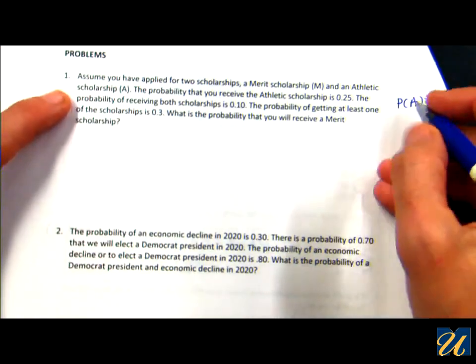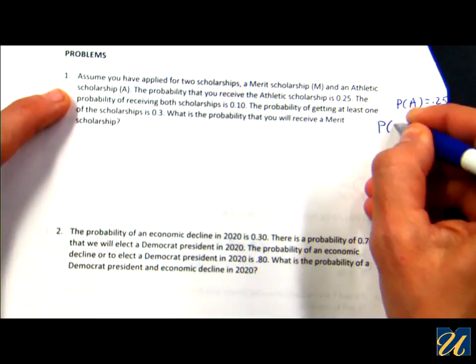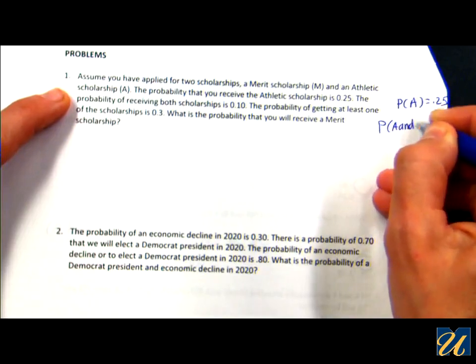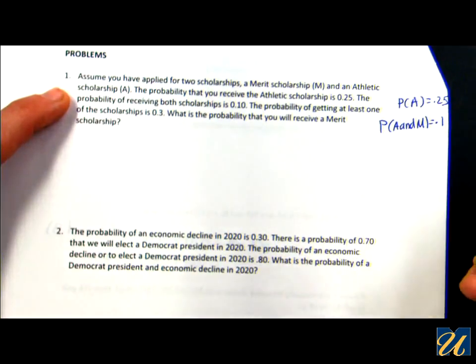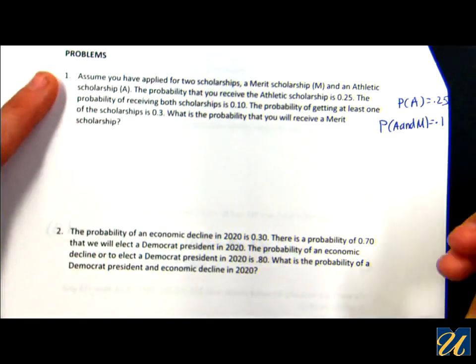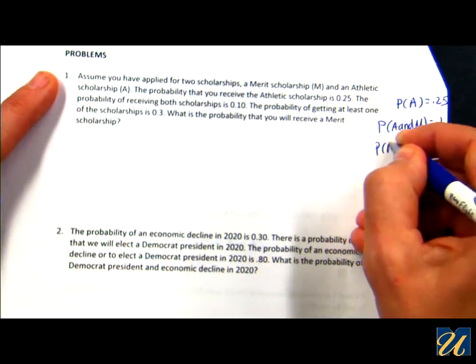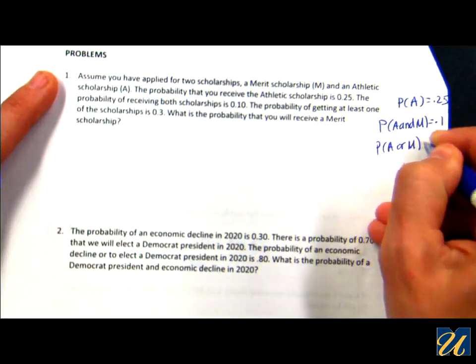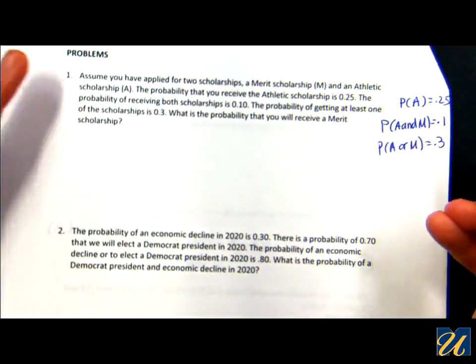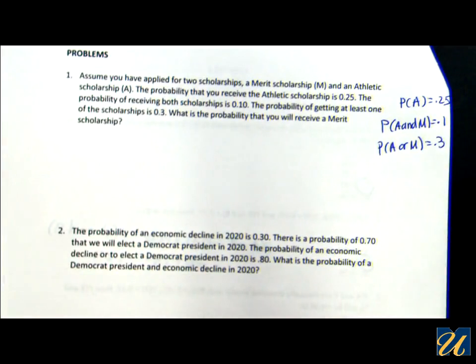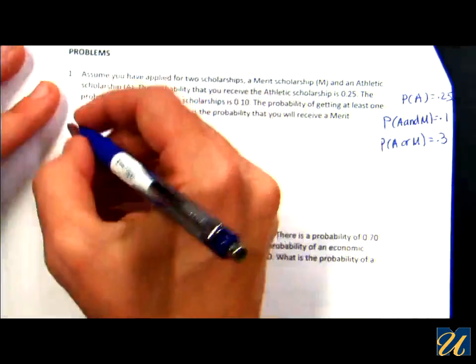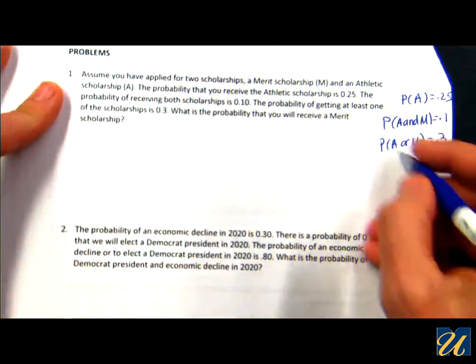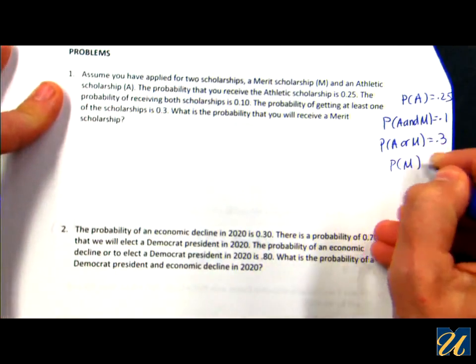The probability that you receive both, P of A and M, is equal to 0.1. The probability of getting at least 1, that means probability of A or M, is equal to 0.3. This is what we are given. I'm looking for the probability that we will receive a merit scholarship. So I'm looking for the probability of M.